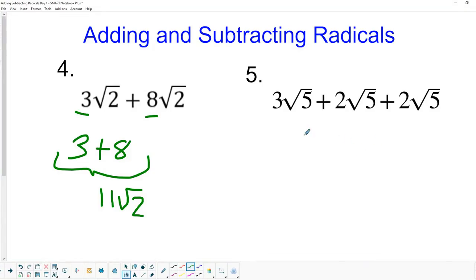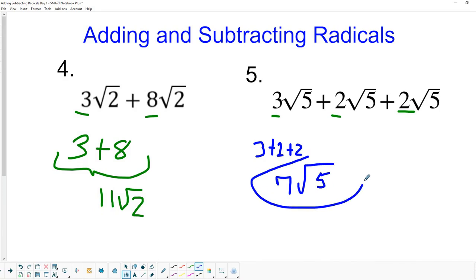On our next one, we've got 3 square root of 5, 2 square root of 5, and 2 square root of 5, all adding. So let's see, we got 3 plus 2 plus 2. So that's going to equal 7, and then our square root of 5. And there you go, 7 square roots of 5.